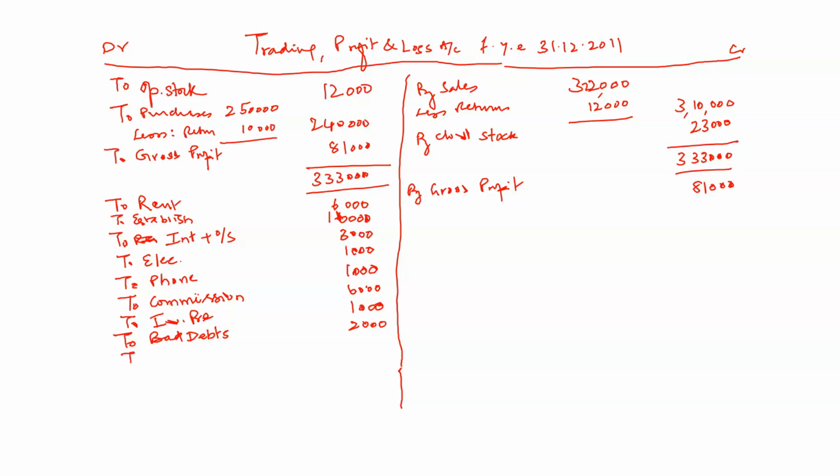Provision, 2,500. Provision for bad debts at the rate of 5% on 50,000. So provision for bad and doubtful debts.